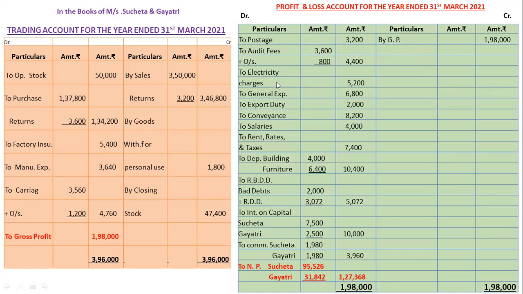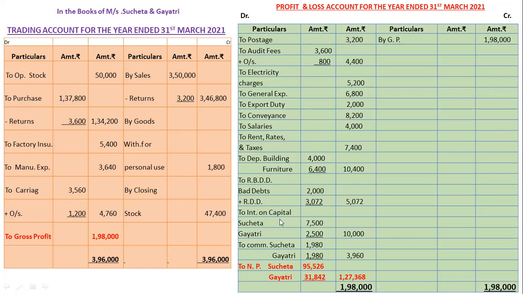See the items of debit side of profit and loss account: to postage, audit fees, add outstanding, electricity charges, general expenses, export duty, conveyance, salaries, rent rates and taxes, depreciation of building and furniture, reserve for bad and doubtful debts. That is, first you have to write bad debts, then add in bad debts new RDD, that is adjustment RDD.